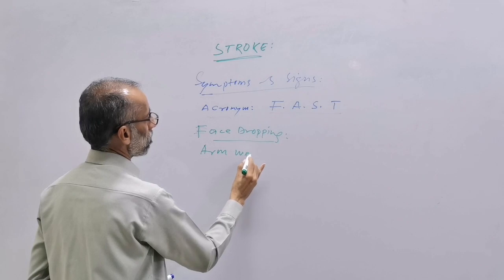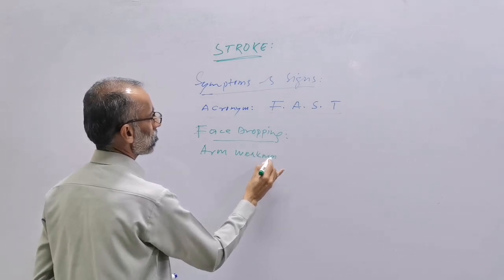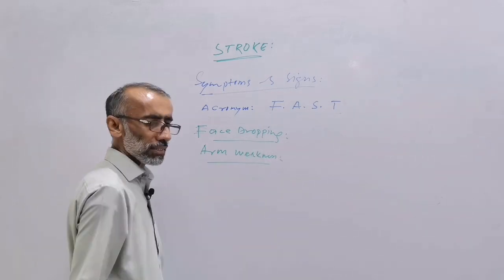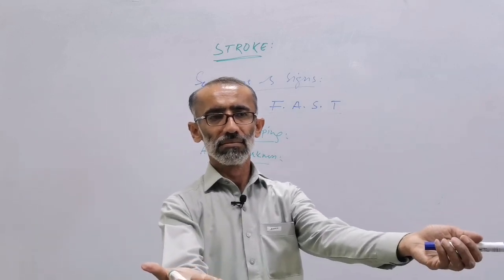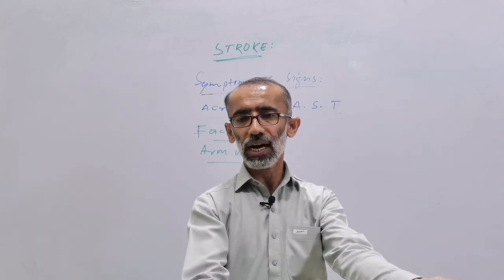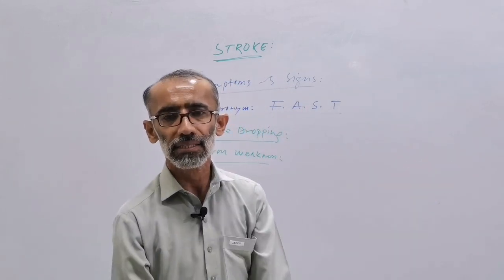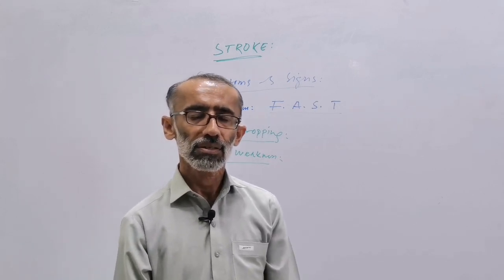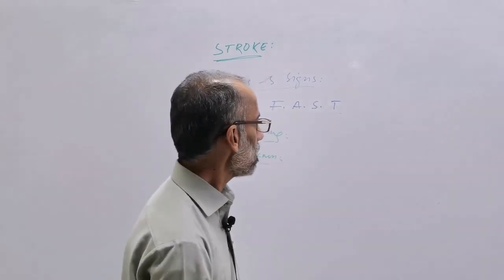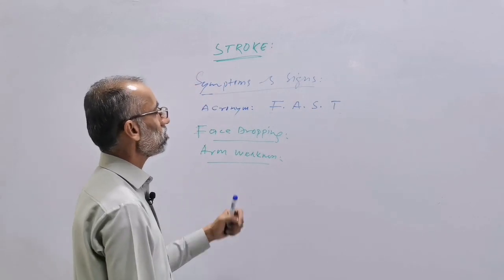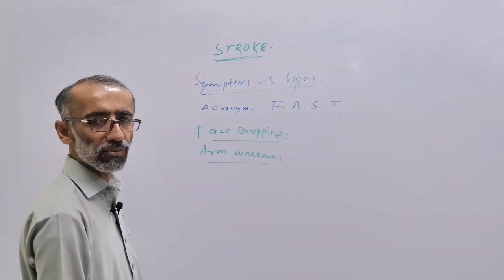A is arm weakness. Ask the patient to raise one or both arms and look for drooping downward of the arm due to weakness.